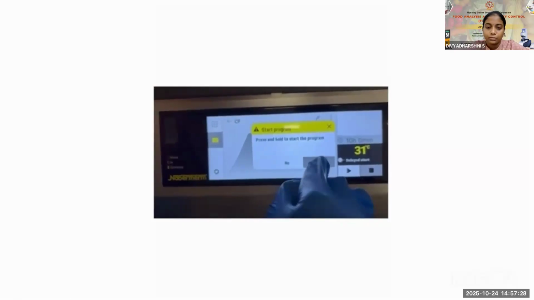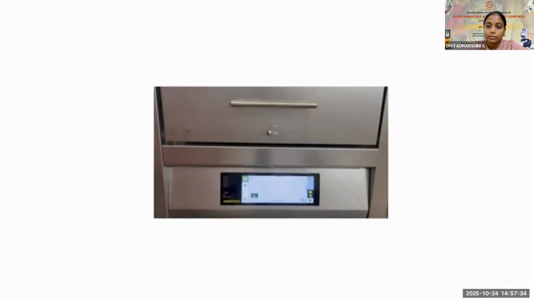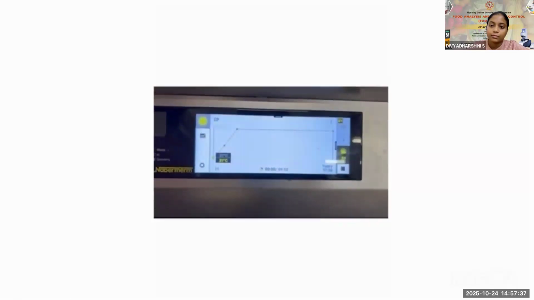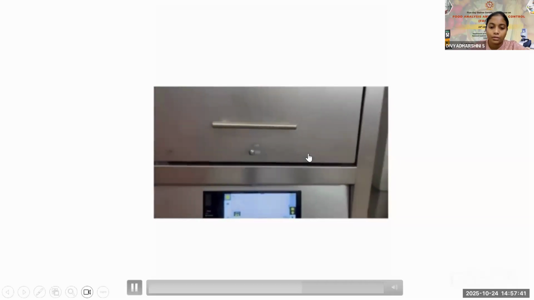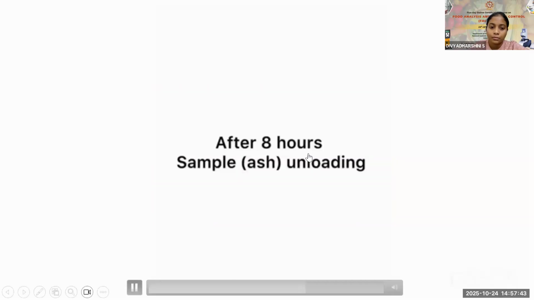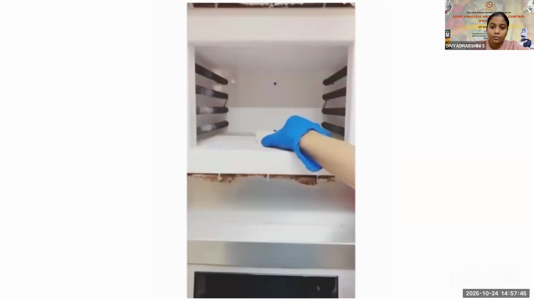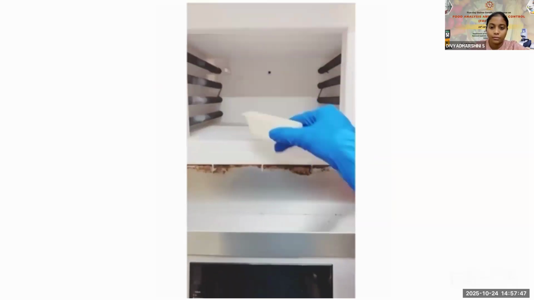Once the program has started, we can see the graph of the temperature rise. Using the safety valve inside, we can see the status of how our sample is going inside. After 8 hours of ashing, we unload the sample, and we can see the ash in the crucible.